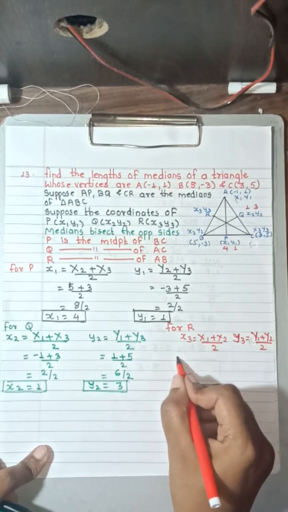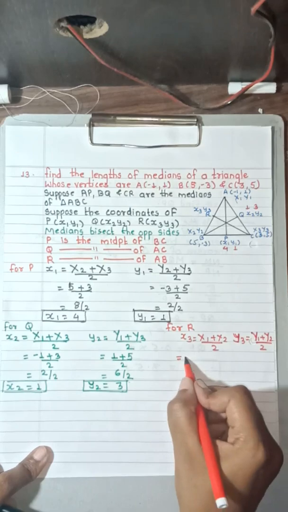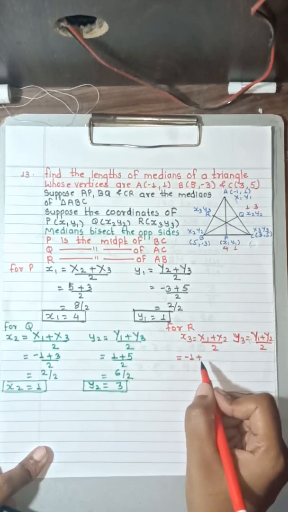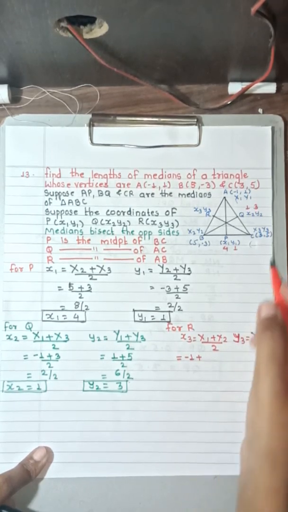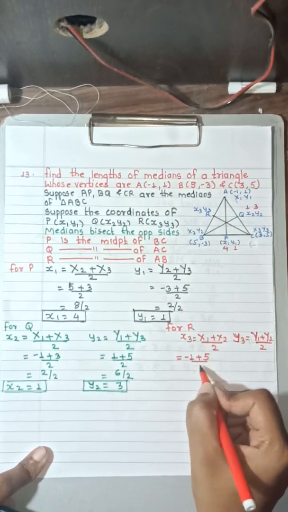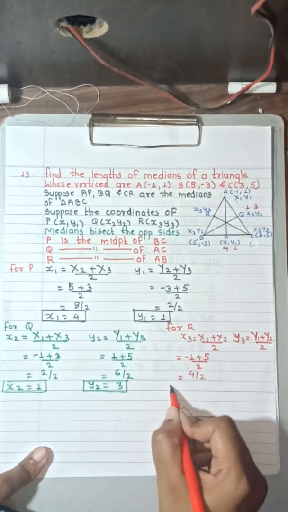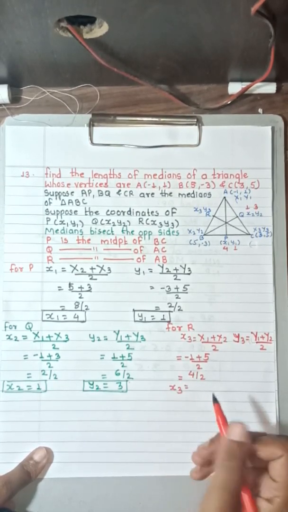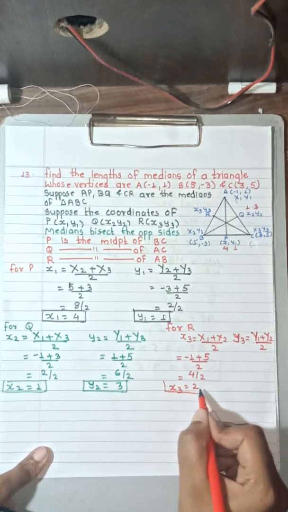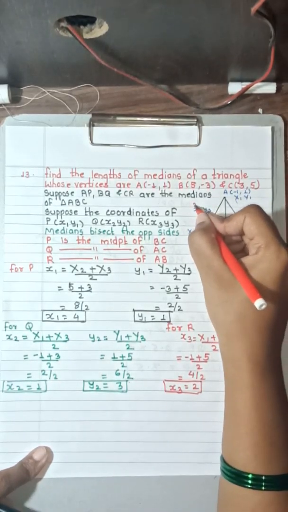So here I'll put the value of X1. X1 is minus 1 plus X2 is 5, upon 2, that will be equal to 4 upon 2. Therefore small x3 will be equal to 2. So you got the value that x3 is 2.